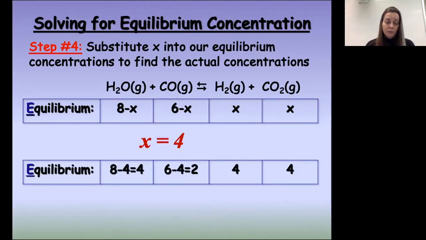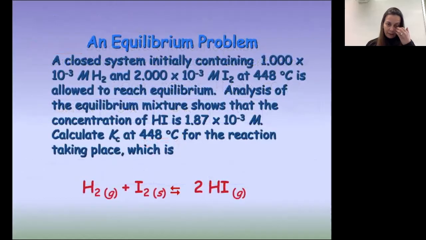Okay, we're going to work through a problem that approaches it from the other direction of being given some initial concentrations and some equilibrium concentrations, and we're being asked to find K. So in this problem, we have a closed system. It contains 1 times 10 to the negative third molar hydrogen and 2 times 10 to the negative third molar iodine at 448 degrees Celsius, and we allow it to reach equilibrium.